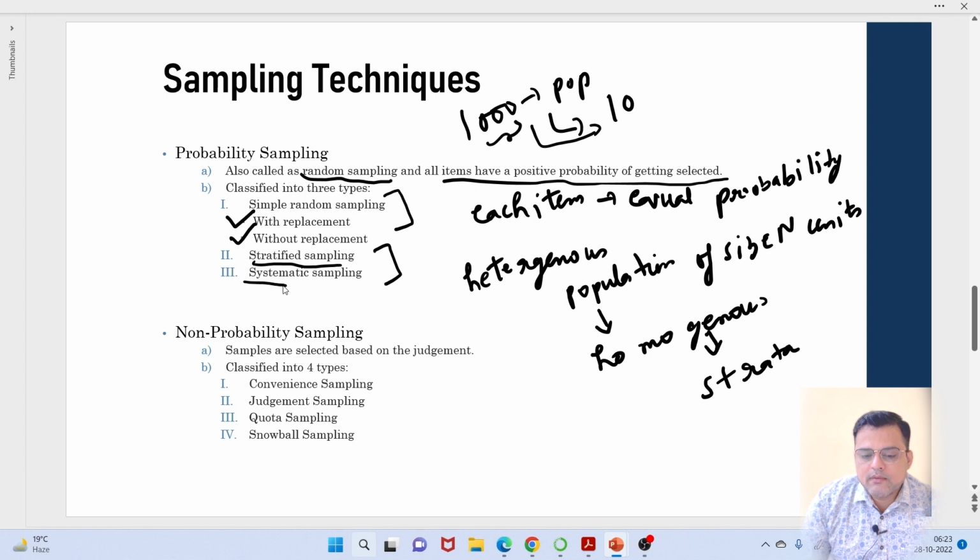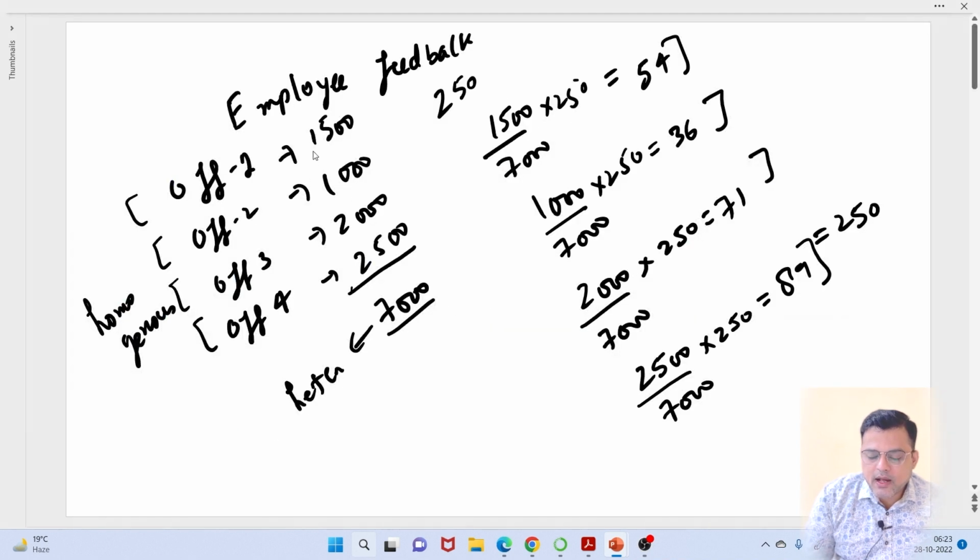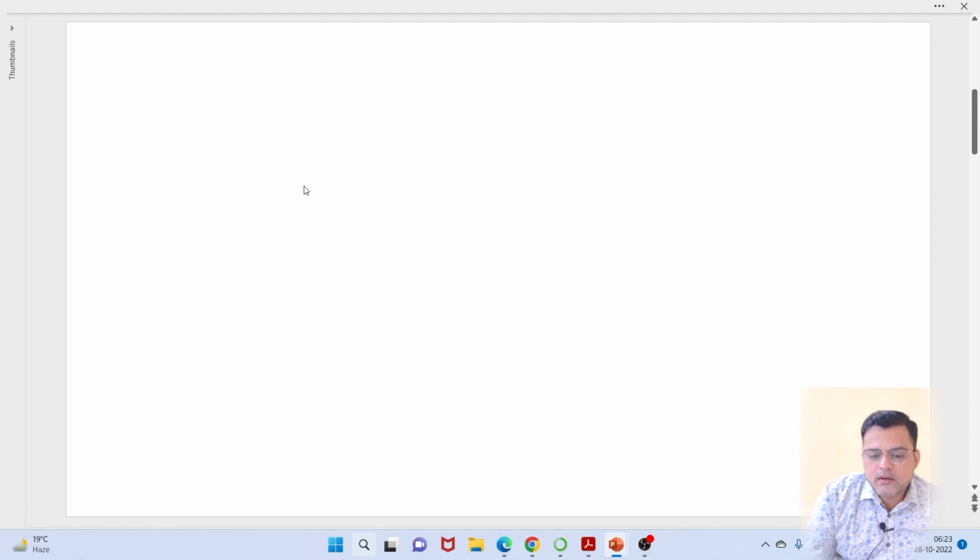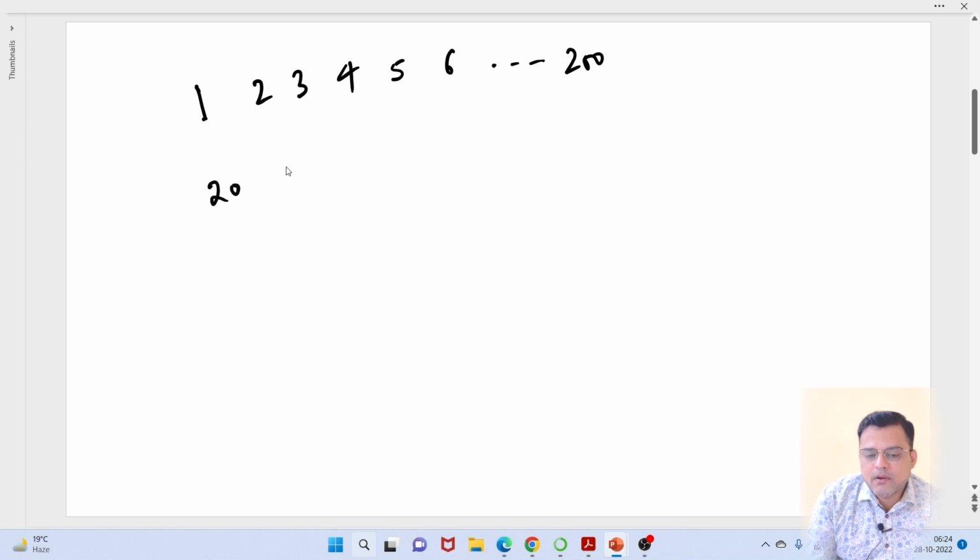And then lastly, we have what is called systematic sampling. In systematic sampling, the population is actually ordered in descending order, and let's say I have numbers from 1, 2, 3, 4, 5, 6, up to 200, and let's say that I have to select a systematic sample of 20 samples, 20 units you can say.